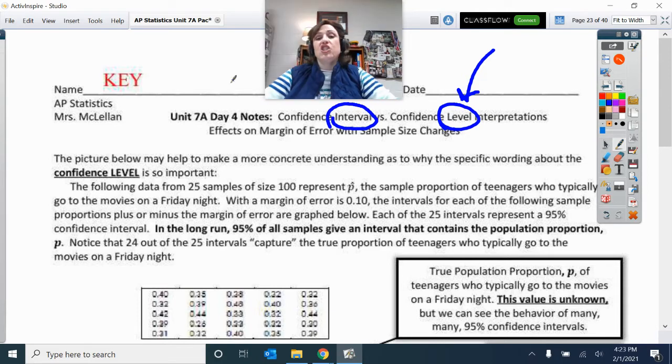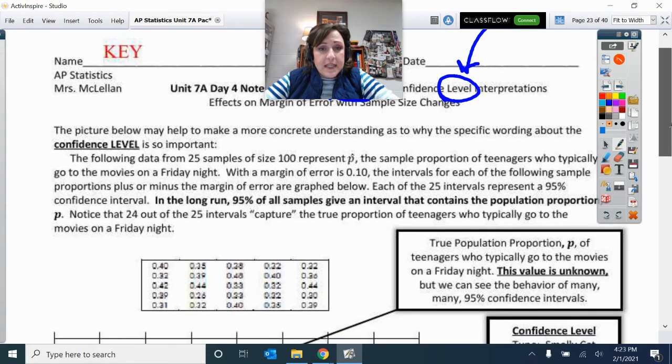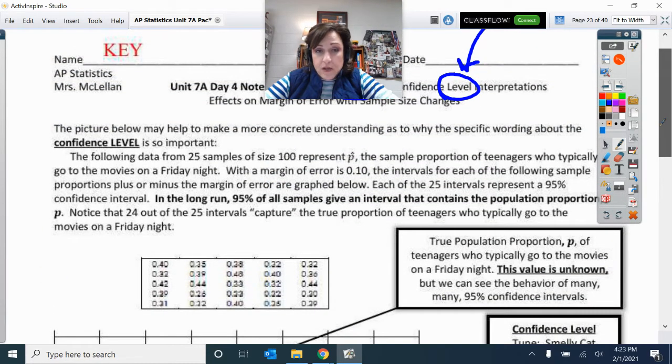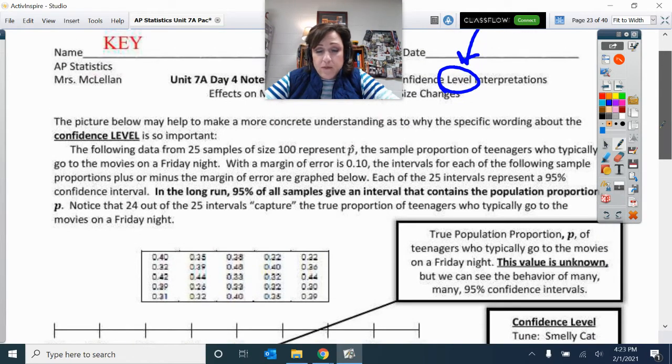All right, so here we have this example of 25 samples. They were all samples of size 100 representing p hat, the sample proportion of teenagers who typically go to the movies on Friday night. With a margin of error of 0.10, here are these intervals. Each of these 25 intervals represents a 95% confidence interval.